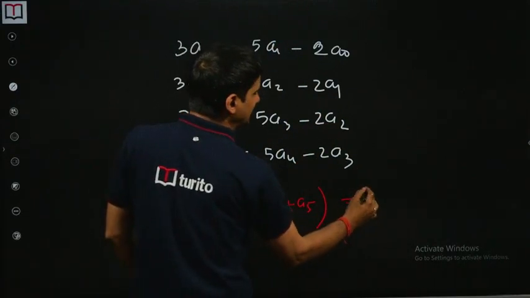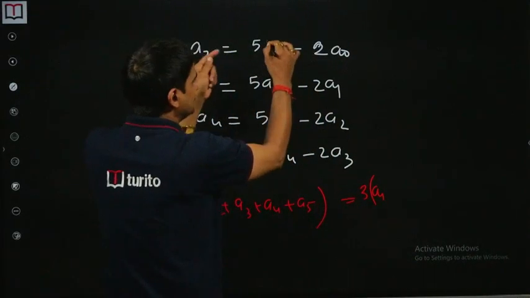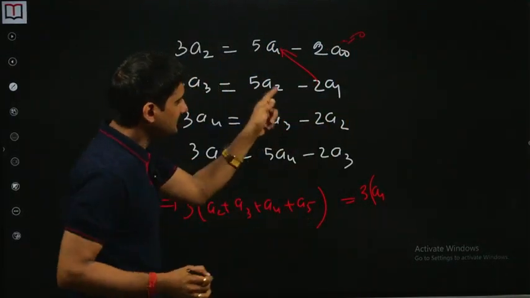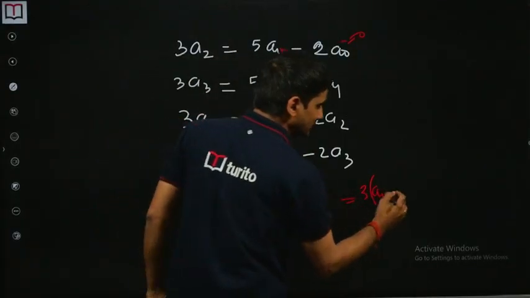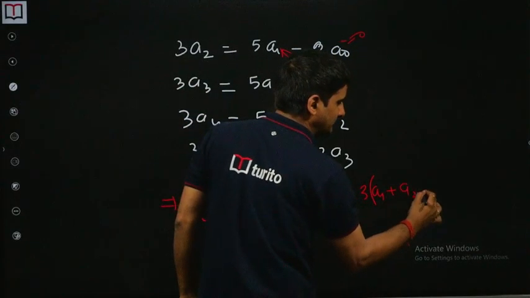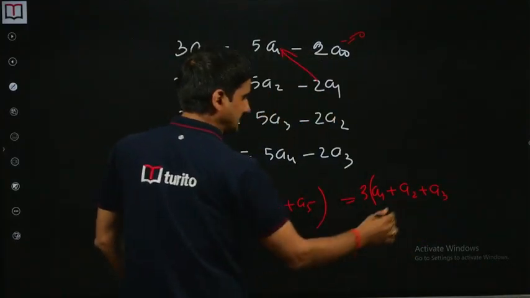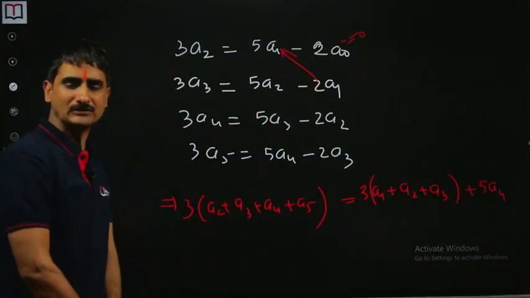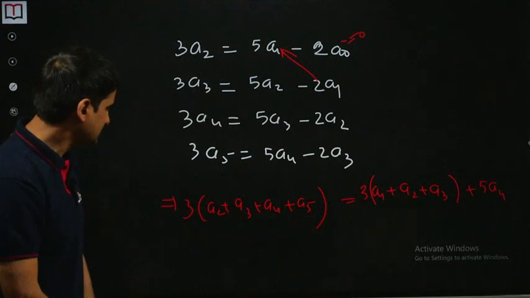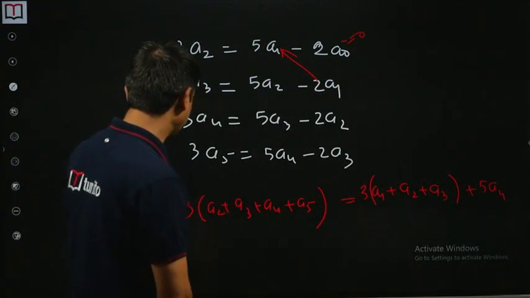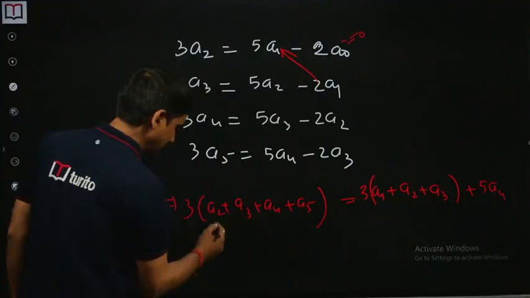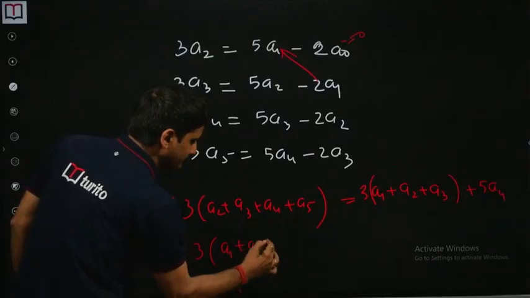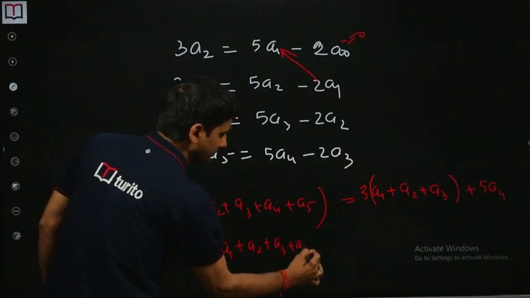When you add up, you get 3a1. See, these two get simplified, 3a1, and that's 0. Okay, and then this is 3a2, 3a3. So 3a1 plus 3a2 plus 3a3, and then extra one is 5a4. Okay, so that's again a pattern here. So will that help us? If I add here a1, it's 3 times a1 plus a2 plus a3 plus a4 plus a5.